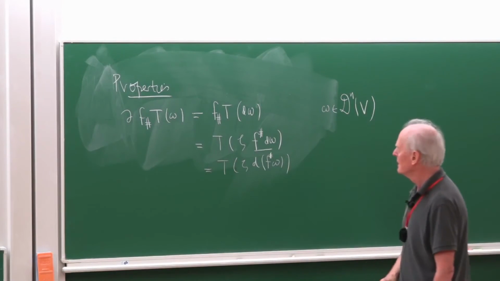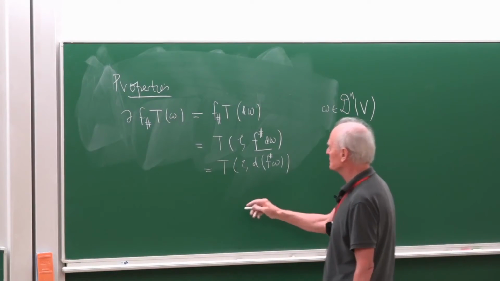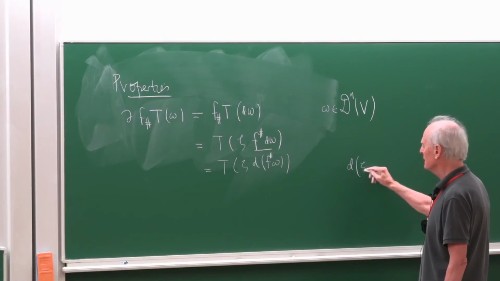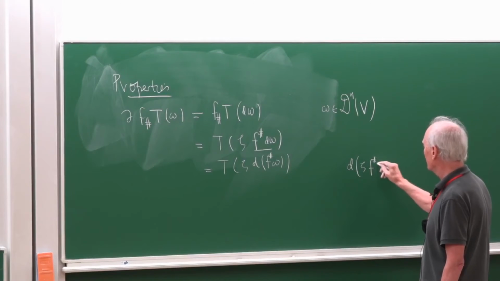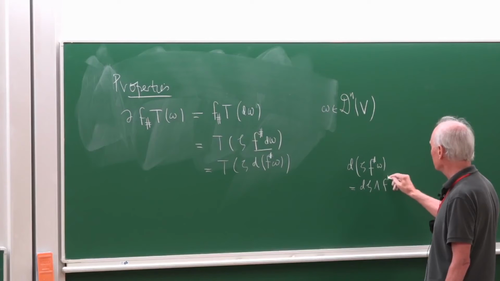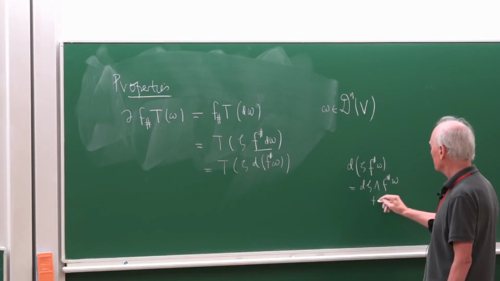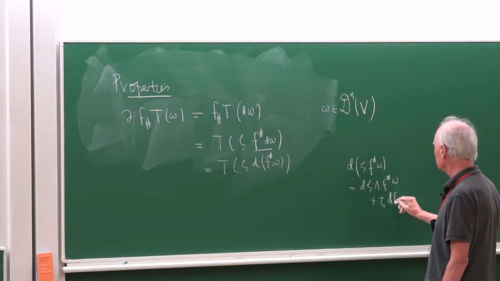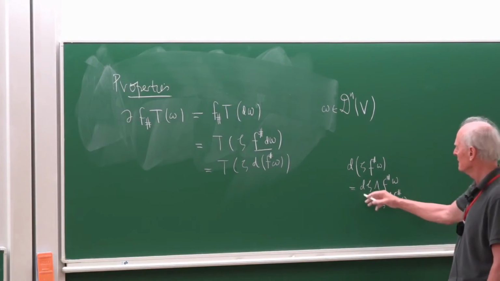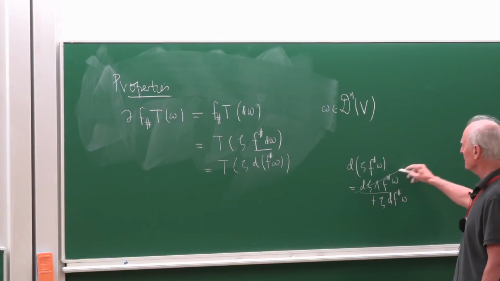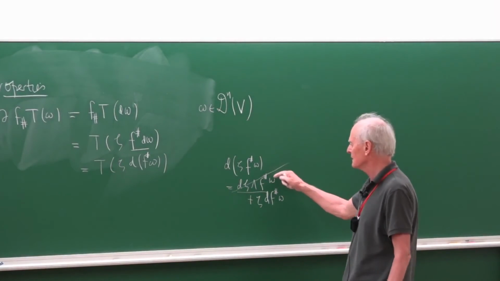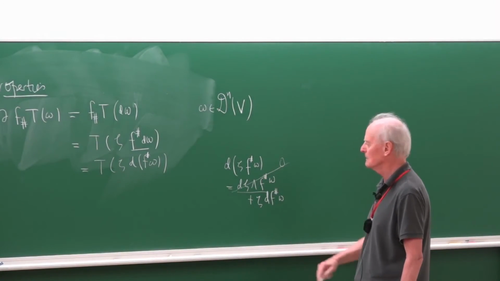And then we can notice that d of zeta f sharp omega is the same as d zeta wedge f sharp omega plus zeta d f sharp omega, trivially by definition of d. But this term is 0 because zeta is identically equal to 1 in the neighborhood of the support of T intersect the support of this. So this term is 0.